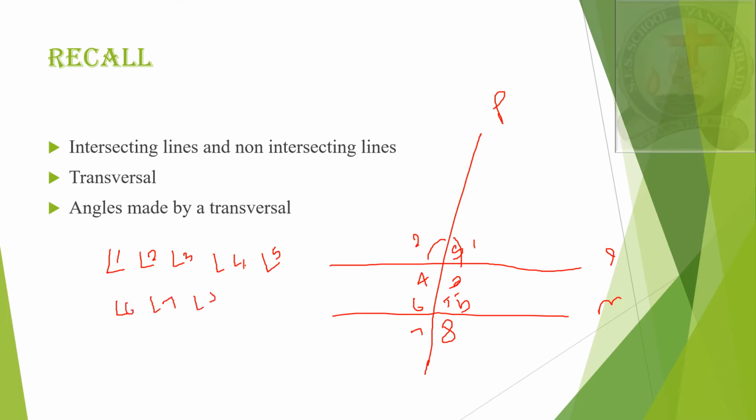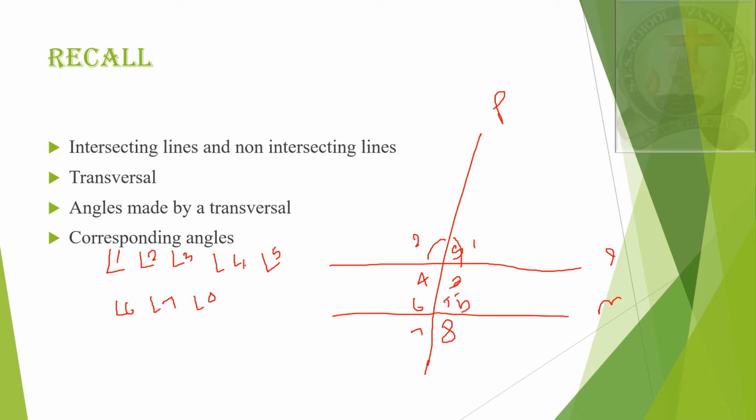These angles can be represented like this: angle 1 to angle 8. So totally 8 angles will be made by a transversal.